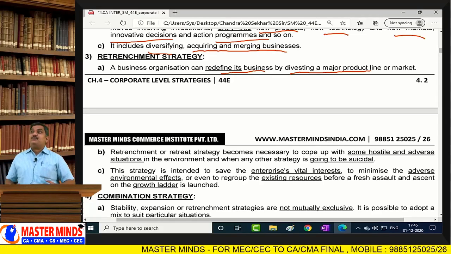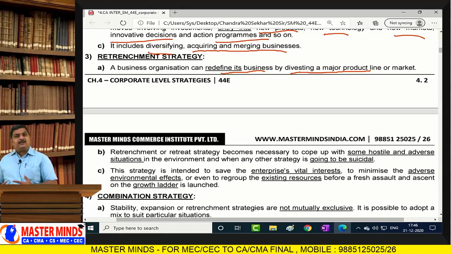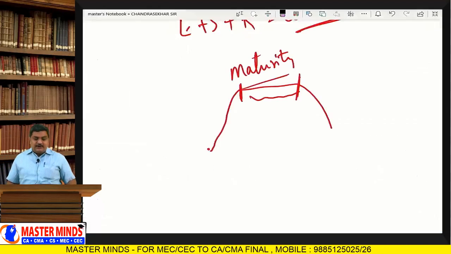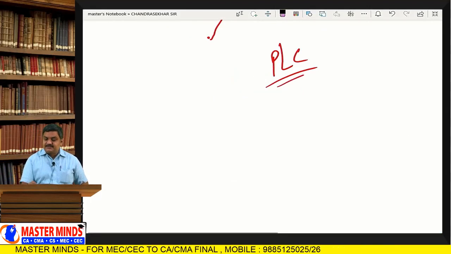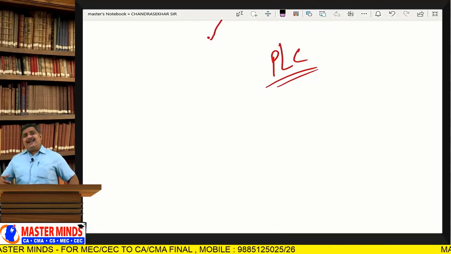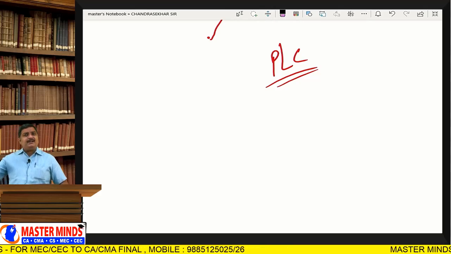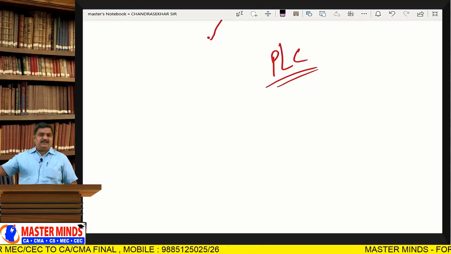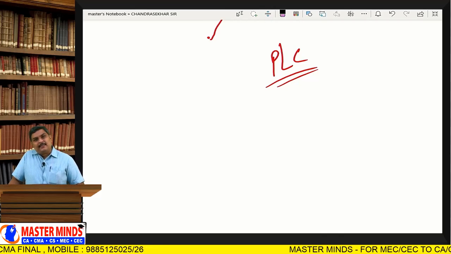See, sometimes when the business environment is not very encouraging, product life cycle or business life cycle applies to every business, whether it is a laptop business or a desktop business or an auto business. In the coming days, there is a major shift in the auto business where many companies are looking to introduce electric vehicles.